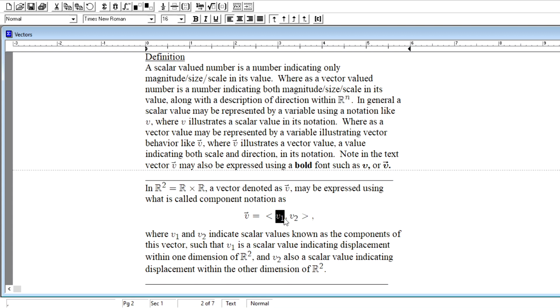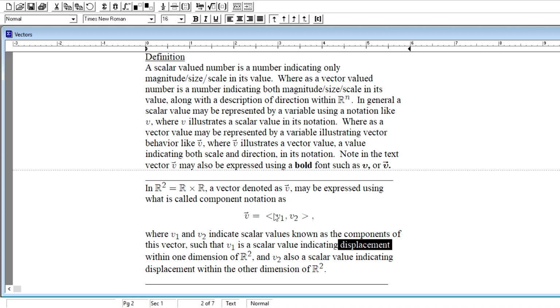This first component is referred to as, if we're talking about two-dimensional space being described by variables x and y, our x component, and the second component might be referred to as our y component. And what they are representing there is the idea of displacement.